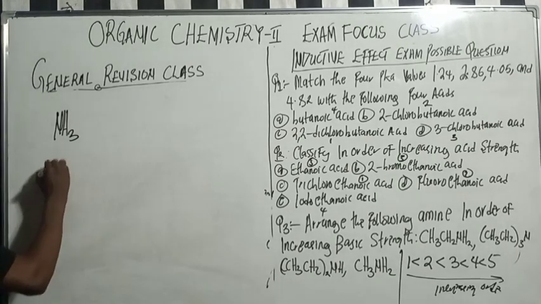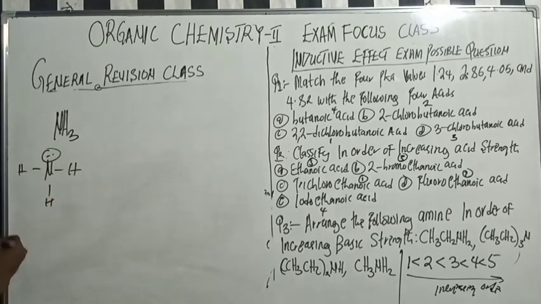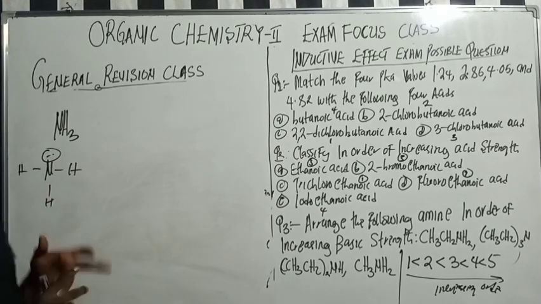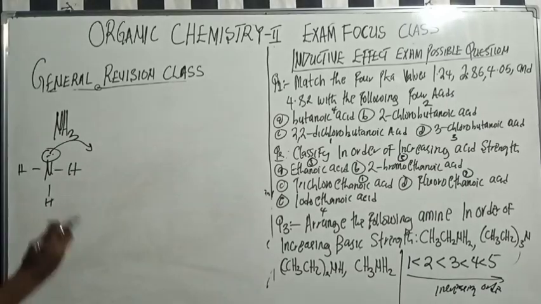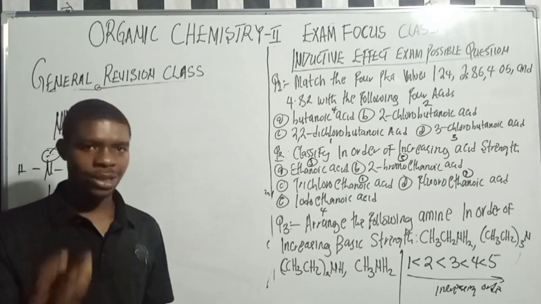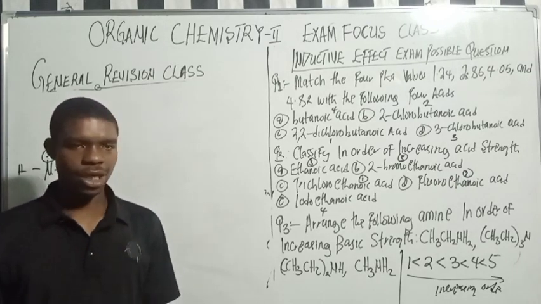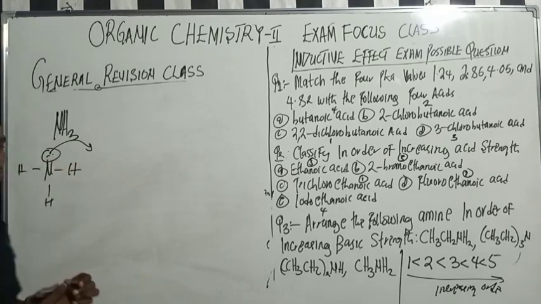Here we have hydrogen, hydrogen, hydrogen. What makes an amine a base? Because it can donate electrons. Any species that is capable of donating a pair of electrons is a base. So what makes an amine a base? Because it has a lone pair to donate.